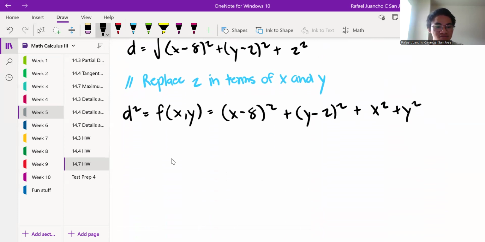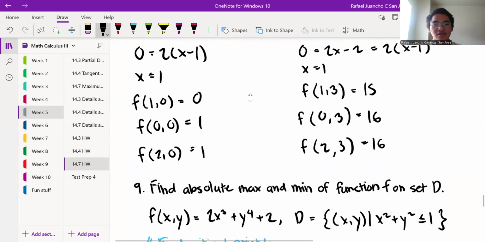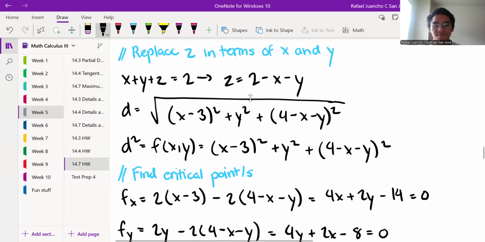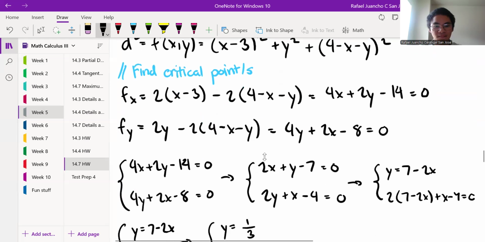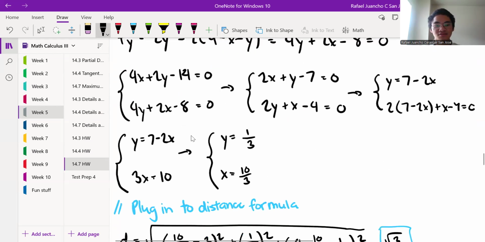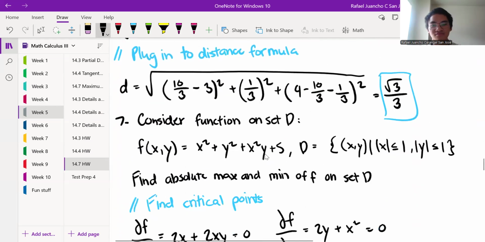Right? Now we have that. Okay, let me see what's next. Okay, now again, I find critical values, critical points, right? That's the next step. So I take partials in terms of x and y, make them 0, solve for critical points, plug it back in.